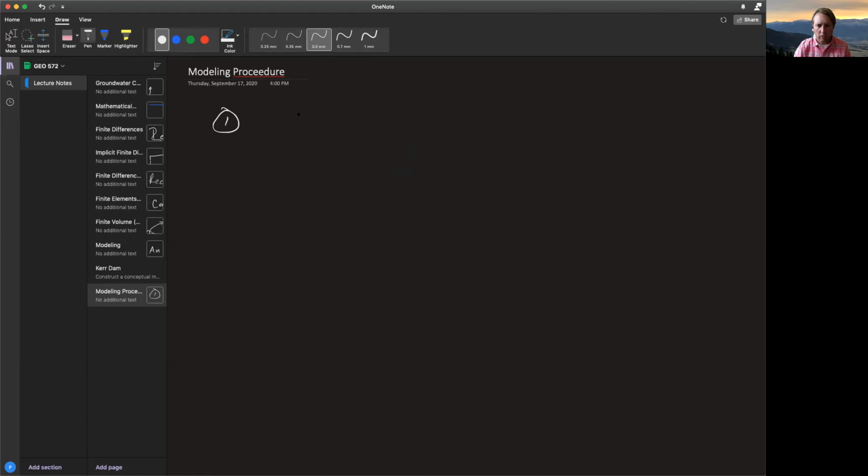So throughout the modeling procedure, we're going to construct a model to understand something or answer some question or make some prediction. And that problem is going to guide our modeling for the entire process.